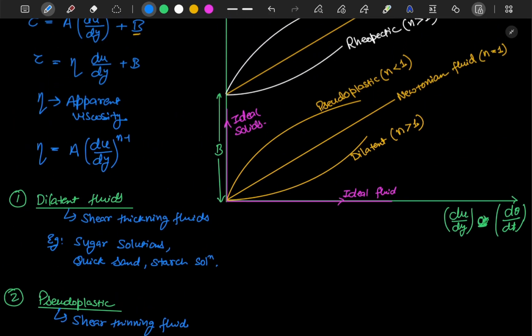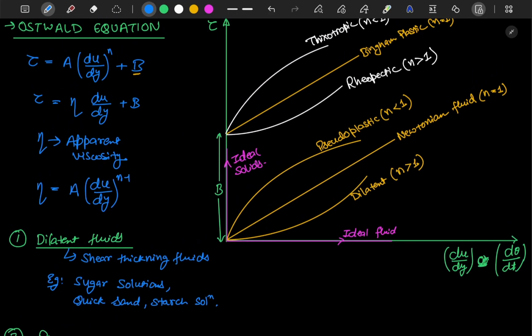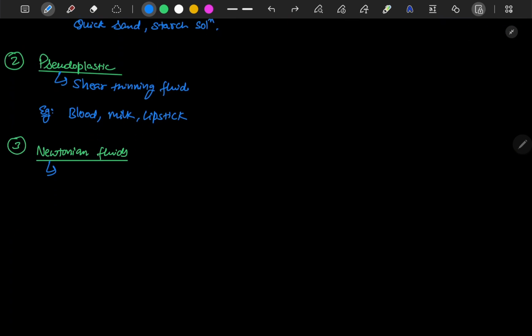But in the case of Newtonian, as n is equal to 1, if we put n equal to 1 here, we will see that this term will become constant, that is A. So for Newtonian fluids, viscosity remains constant.